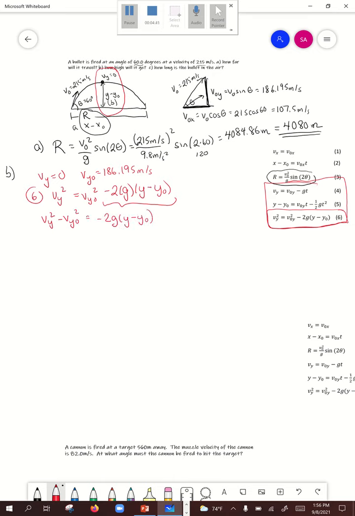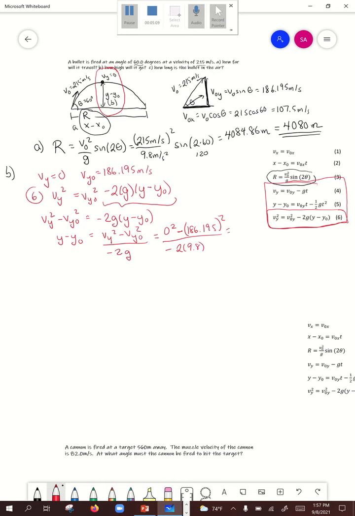All right, so now to get y minus y0 by itself, I'm just going to divide through by negative 2g. So vy squared minus vy0 squared over minus 2g equals y minus y0. So at the top, speed in the y direction is 0 minus 186.195 squared over minus 2 times 9.8.